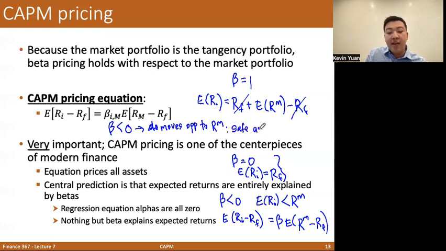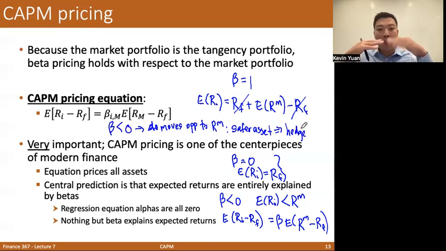The reason it's a safer asset is that you're able to hedge yourself. When the market does very poorly, this asset actually does really well. So this is a hedged asset, which is the reason why it's perceived to be relatively safe, and that's why the return is going to be less than what it would command if beta is greater. So you can think of beta as your measure of risk.